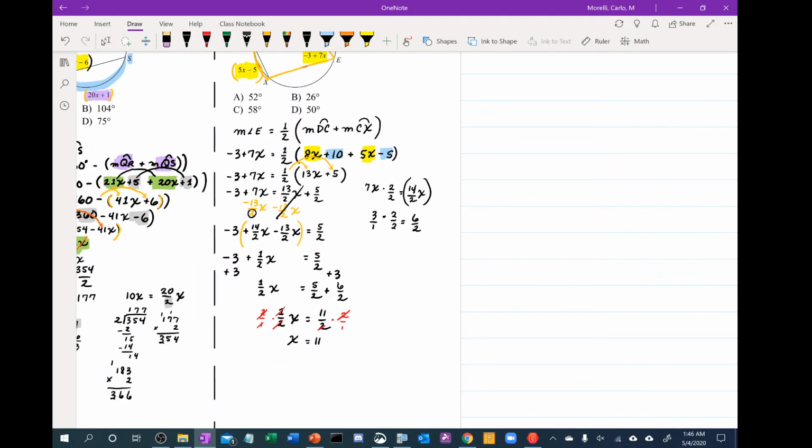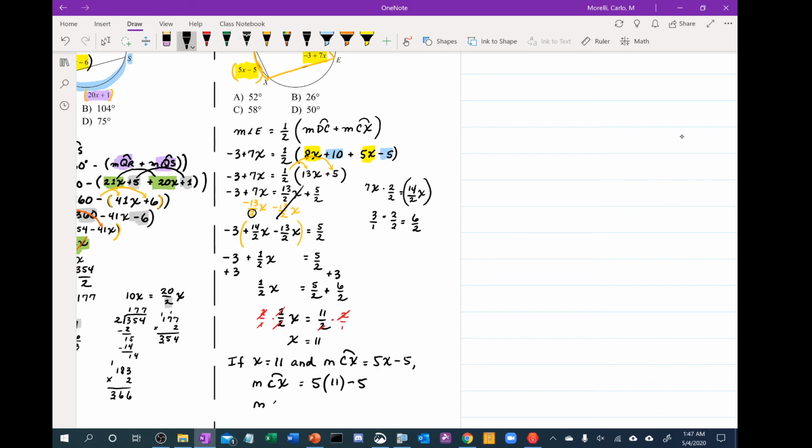So we can say this sentence here: if x equals 11 and the measure of arc CX equals 5x minus 5, then the measure of arc CX is equal to 5, open parentheses, 11 minus 5.